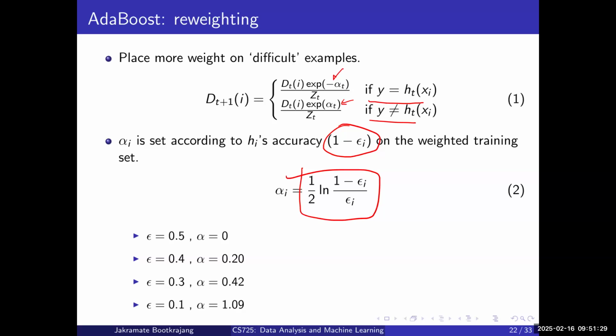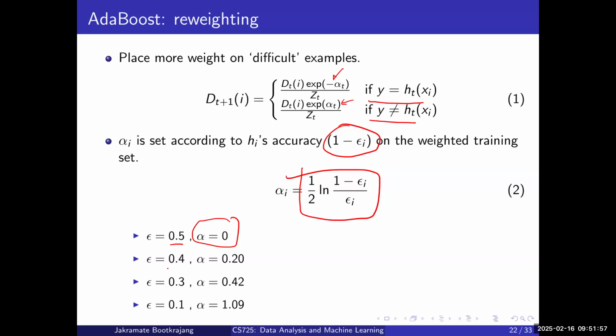I actually forgot why this function, but if you look at some of the error rates, if the error rate is 0.5, the alpha would be 0. So it's basically the same as dropping it, because the error rate is not better than chance, so the weight would be 0.